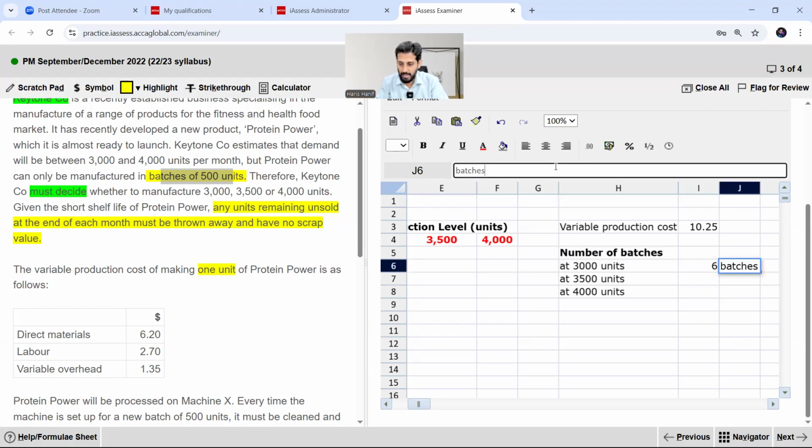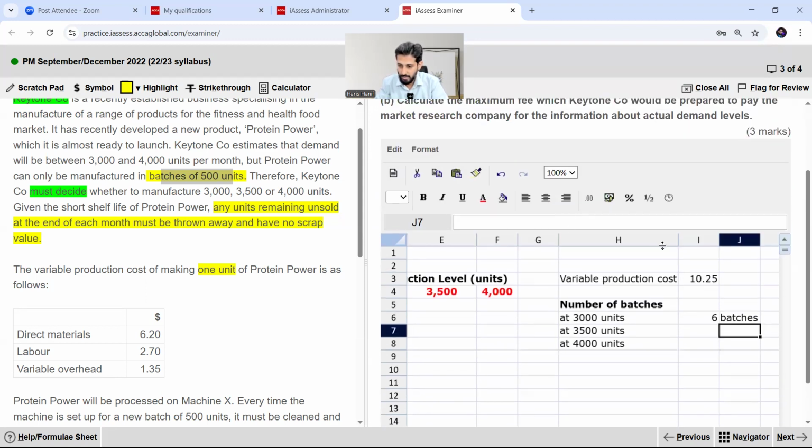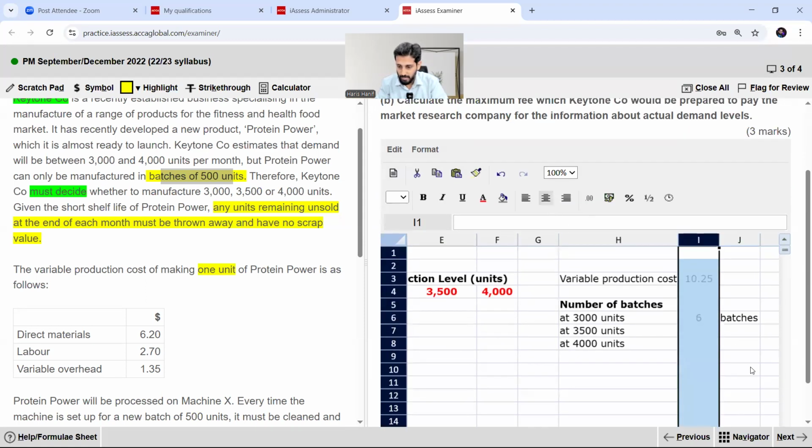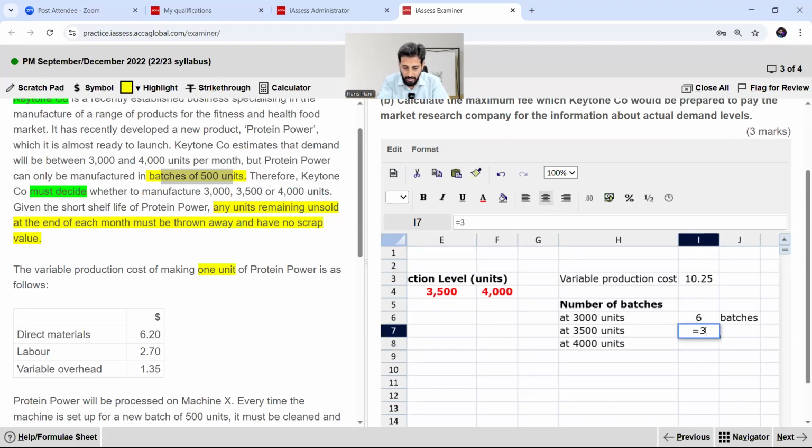Here 3500 divided by 500 means 7 batches. Here 4000 divided by 500 means 8 batches.